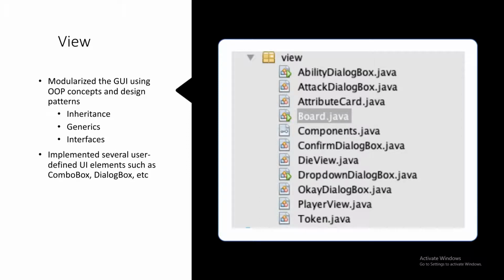For instance, inheritance, generics, and interfaces were implemented in the different components within the view. I also made several user-defined UI elements such as combo boxes, dialog boxes, and pop-ups throughout this game. I think all of this helps make the game more responsive and more user-driven.